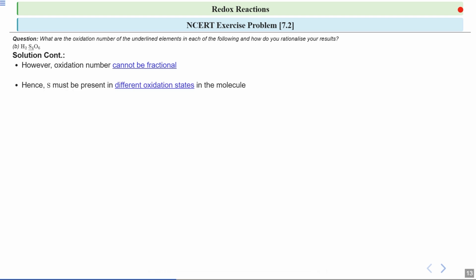We already know that oxidation number is a hypothetical situation, demanding the oxidation number as your charge in case your compound is ionic. But charge can never be fractional. We know from quantization of charge that it can only be a multiple of e. So there must be something missing here.